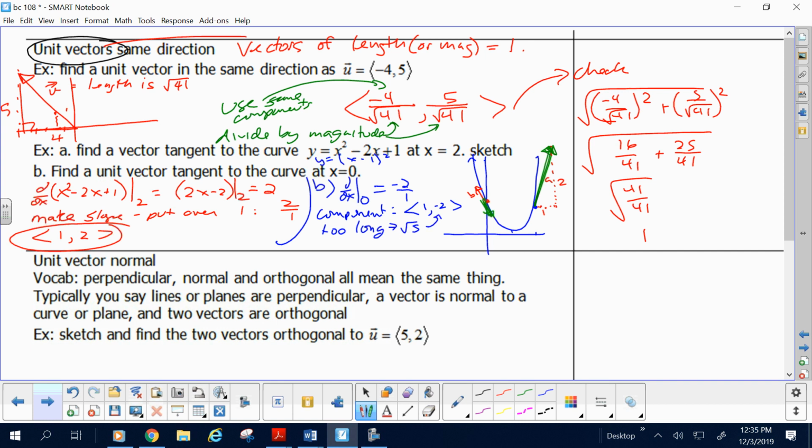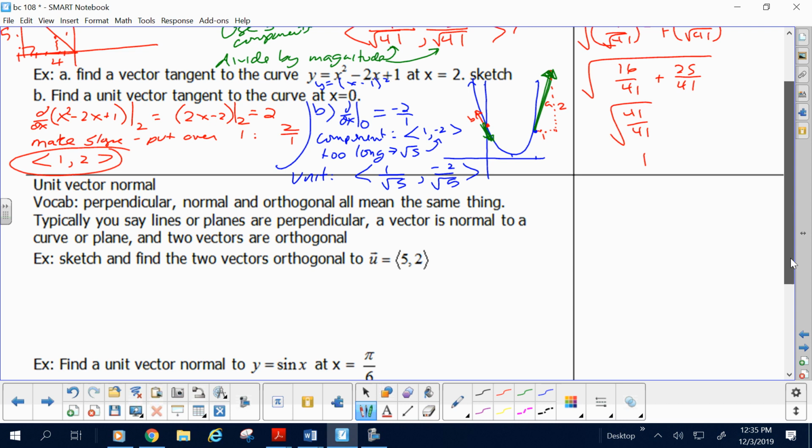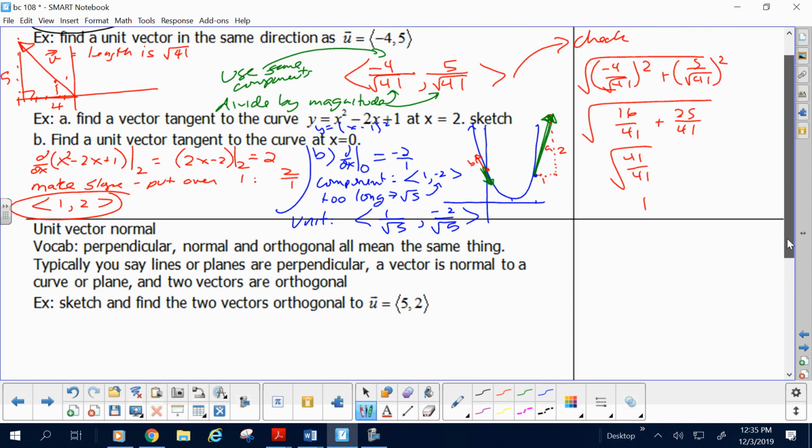Okay, so according to the previous example, how do we shorten it up so it's exactly 1 unit long? Divide by the magnitude while keeping the components otherwise the same. So 1 over root 5 and negative 2 over root 5. And if I check that by Pythagorean theorem, the magnitude should be 1. Cool? Okay. Why was it 1, negative 2?